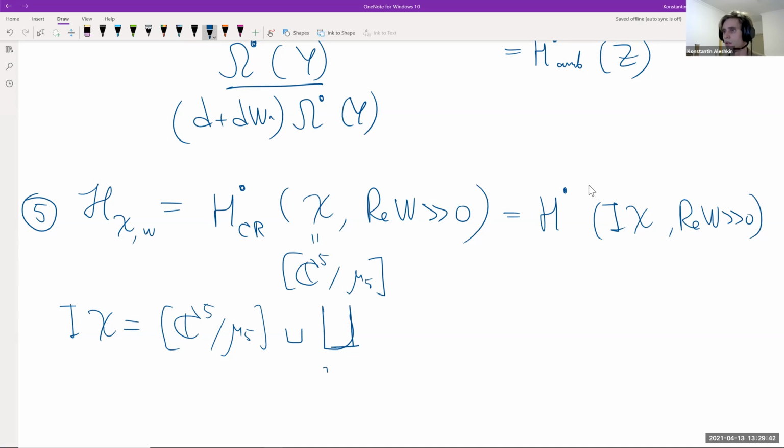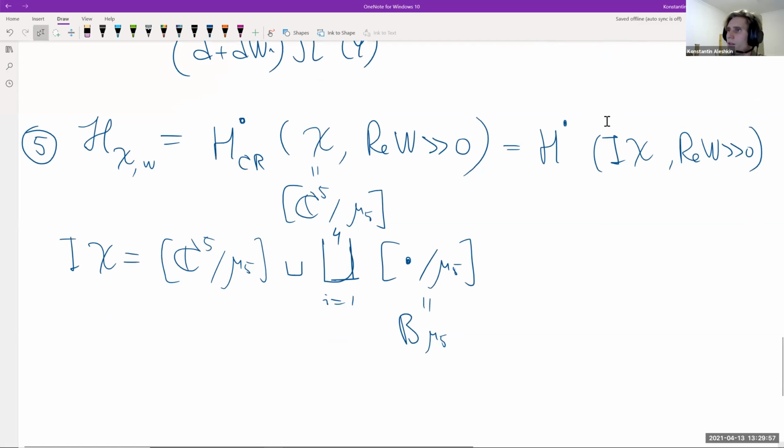In this case, it's just a point modulo mu5, or B mu5. And it turns out that the state space is generated by the cohomology of twisted sectors. These are called twisted sectors; those are associated with non-trivial group elements of mu5, and this is the untwisted sector.